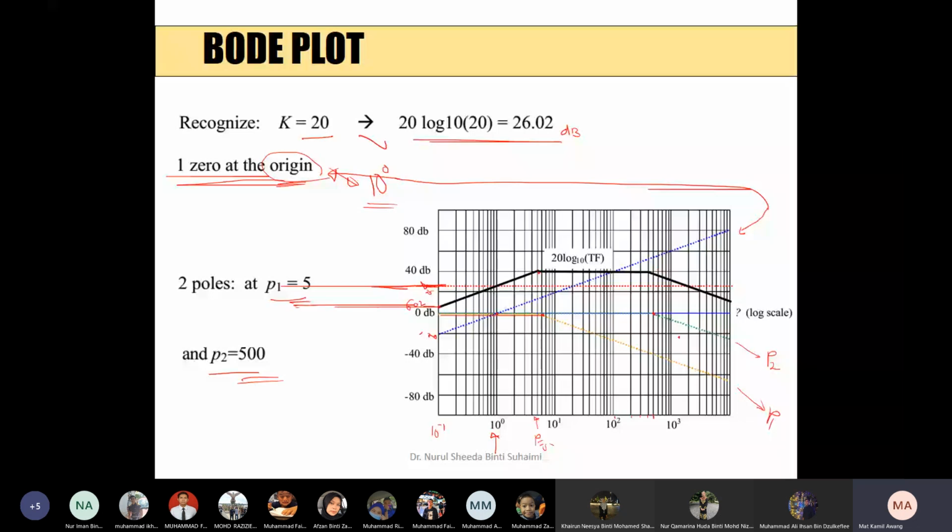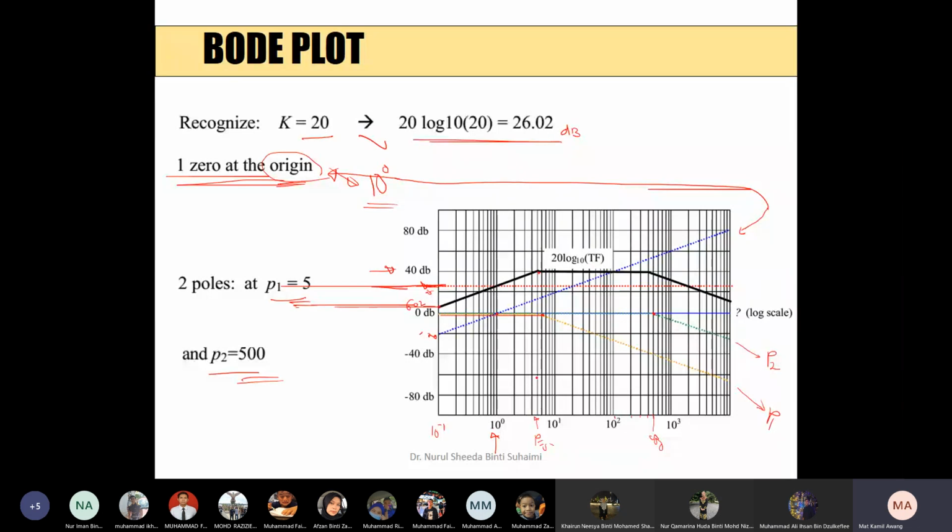Because it passes the signal from 5 radian to 500 radian, and outside of that it attenuates the signal. So this is a band pass filter with a gain of 40 dB.